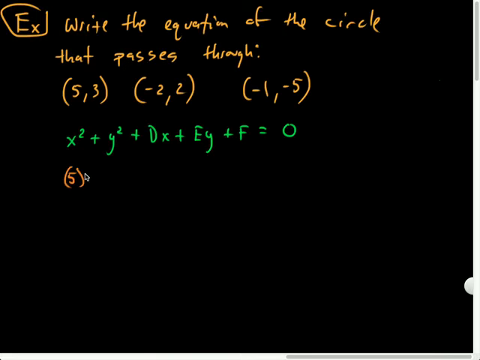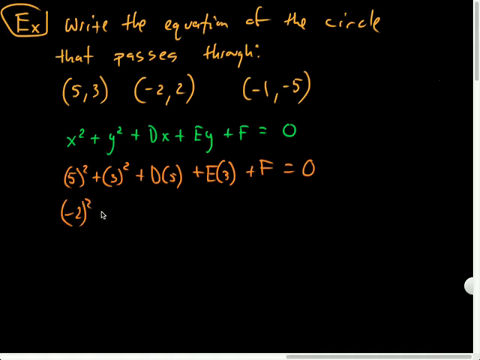So I'll plug in 5 for x: 5 squared plus 3 squared plus d times 5 plus e times 3 plus f, still unknown to me, equals 0. I'll plug in -2. I'm going to simplify them all together later. -2 squared plus 2 squared.